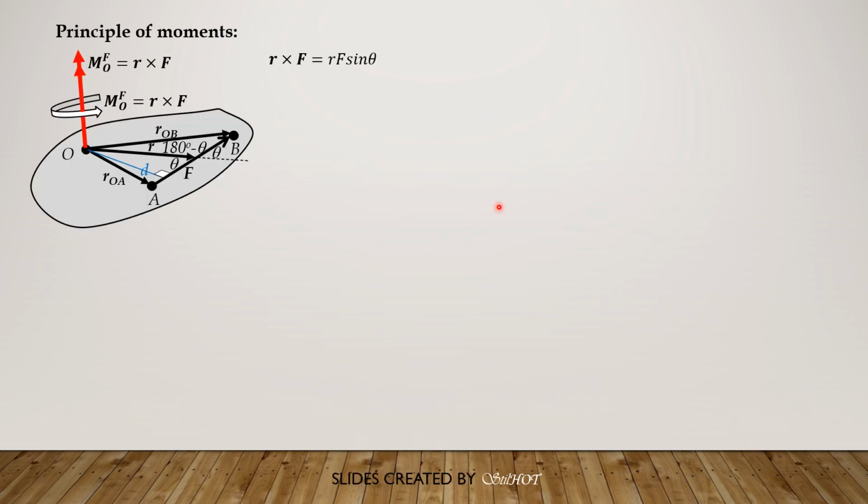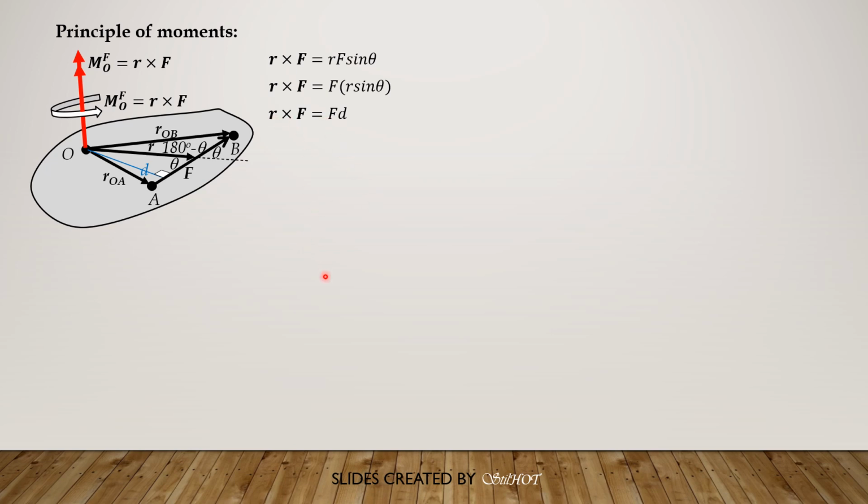So R cross F by definition is the magnitude of R, magnitude of F times sine of theta. Rearranging, R cross F equals F times R sine theta. And take note that R cross F is the moment of the force about point O in vector form. And this is the direction, or the sense, of that moment about O. And we interpret R sine theta as D, the perpendicular distance of the force from the point O. That's why F times D is the moment in scalar form.